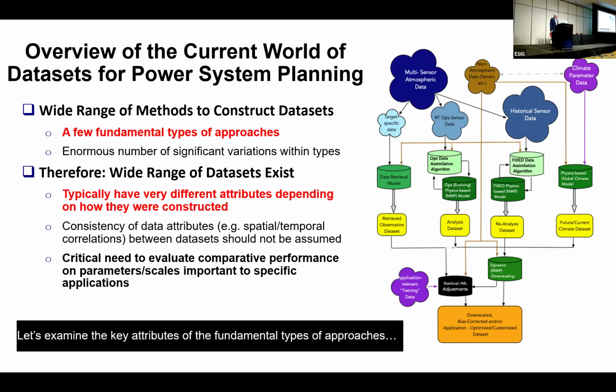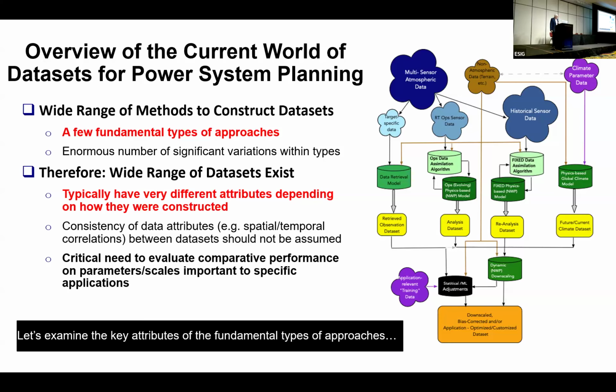And the point here is there are a few fundamental types of approaches, and the flow chart on the right kind of outlines, and I'm going to walk through that at a high level as to what are these approaches and what variations might there be. So there's an enormous number of variations within the types. There are a few main types, and then you can do a lot of different things in how you configure what data you use and so forth.